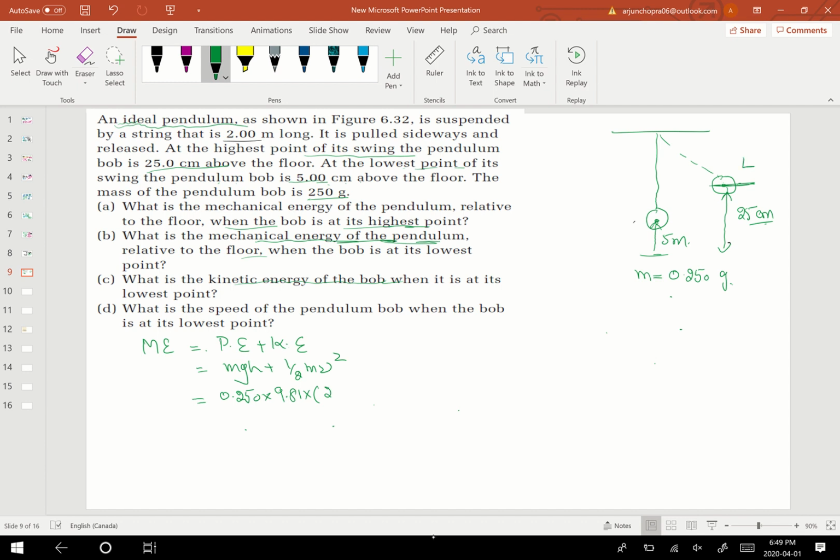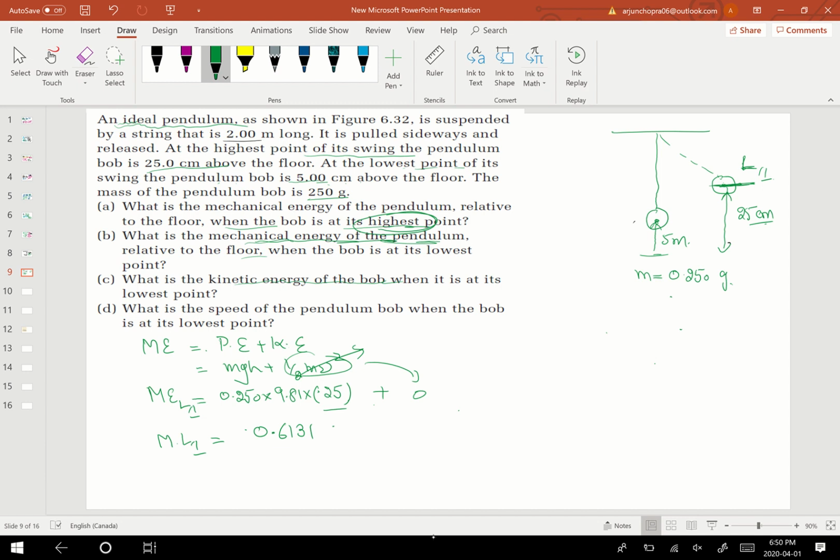Let's say this is where I'm measuring it, location 1, at the highest point. This is 0.25 meters, because this is given to me in centimeters and I have to convert it into meters. The kinetic energy value will be 0 because velocity at the top will be 0. So the whole kinetic energy term becomes 0. So mechanical energy at location 1, if I do the calculation, comes out to be 0.6131. That is the mechanical energy at location 1.